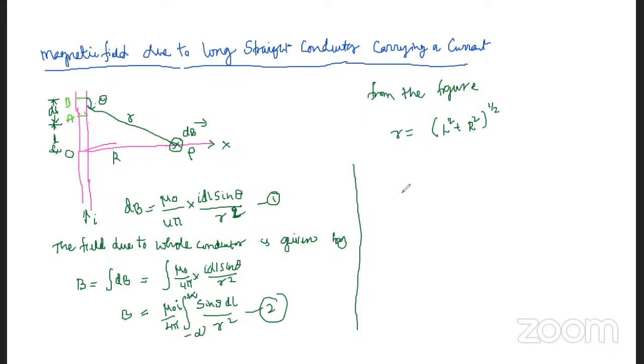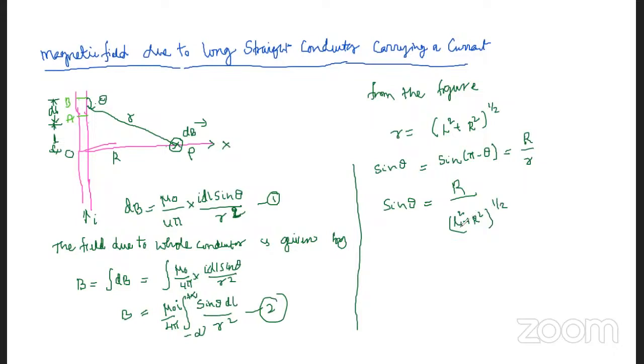And if you take the sine theta value, we can write it as sine of 180 minus theta, because sine of 180 minus theta is the same as sine theta. This will be equal to capital R by small r. Therefore, sine theta is equal to capital R divided by L square plus R square whole to the power of half.